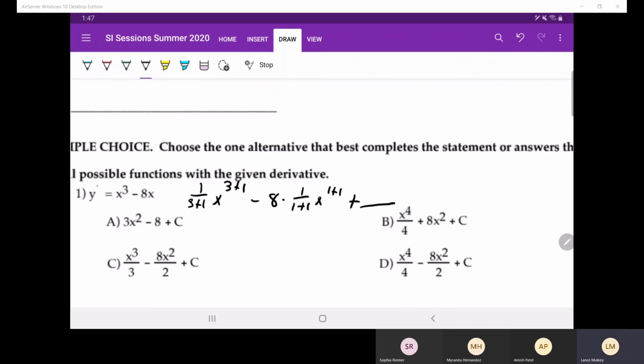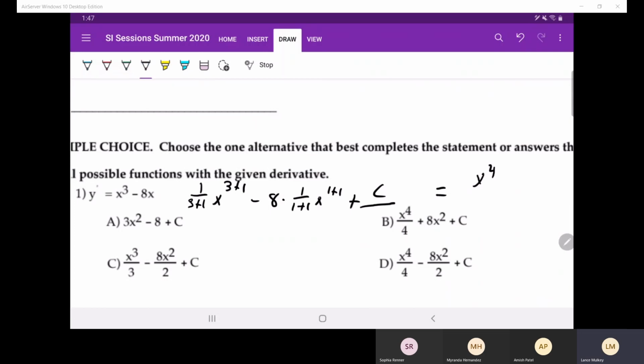C. C is an arbitrary constant, meaning you can have any constant there from negative infinity to infinity as long as it's a real number, and this would work. So it ends up equaling x to the fourth.